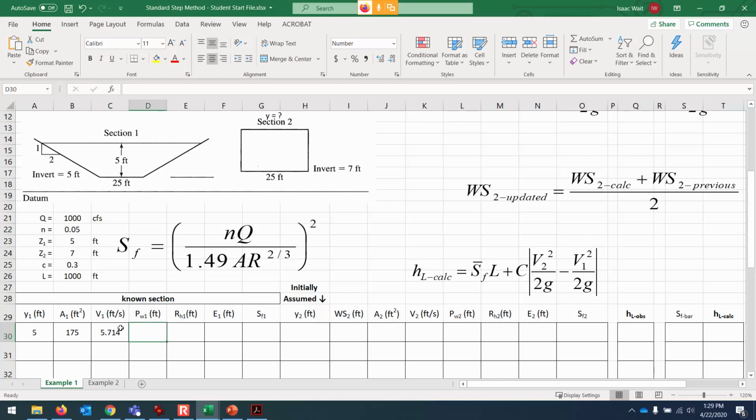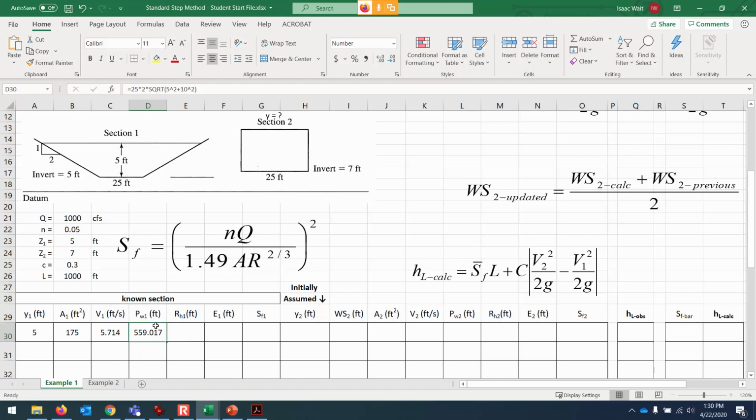The wetted perimeter, that's a little bit more involved than the area was. It's going to be the bottom distance of 25 feet and then 2 times the side. And so it's going to be 2 times the square root of 5 squared plus 10 squared.